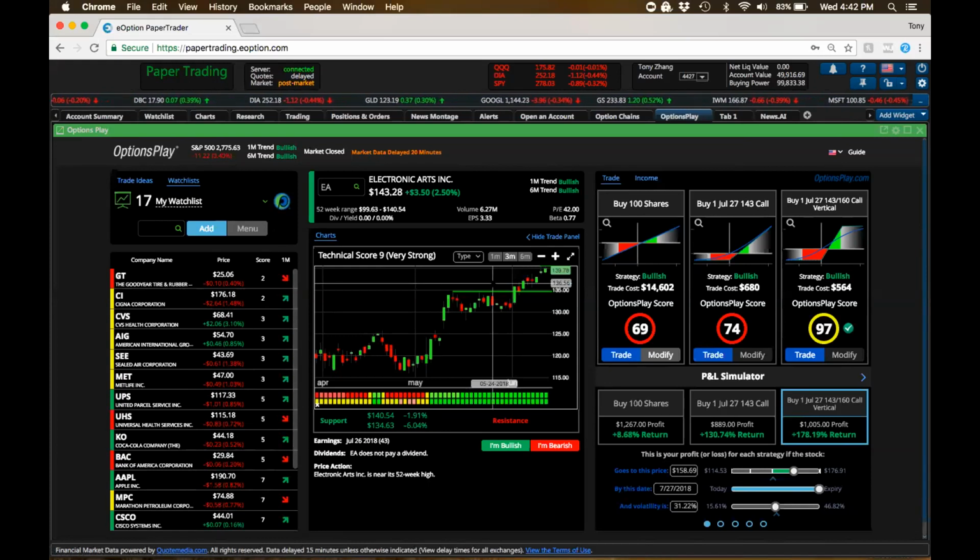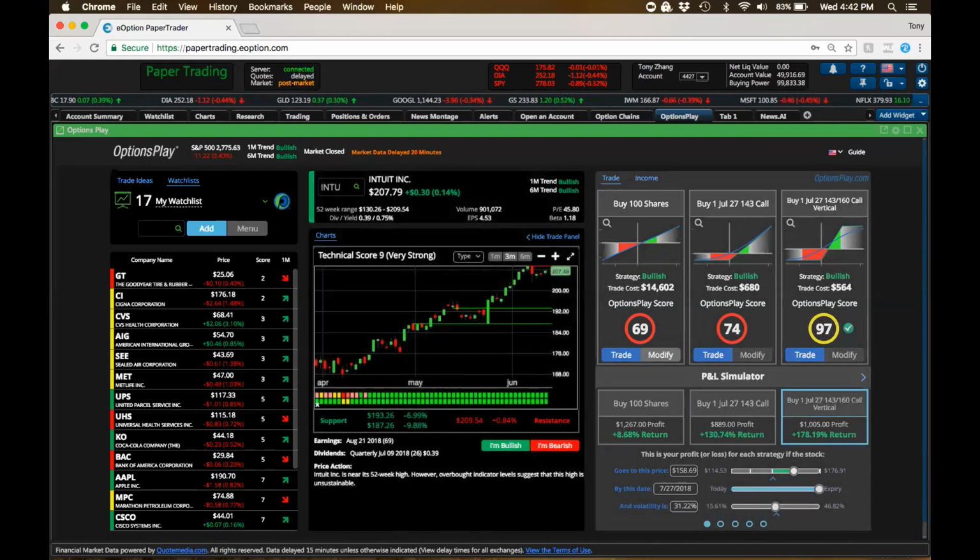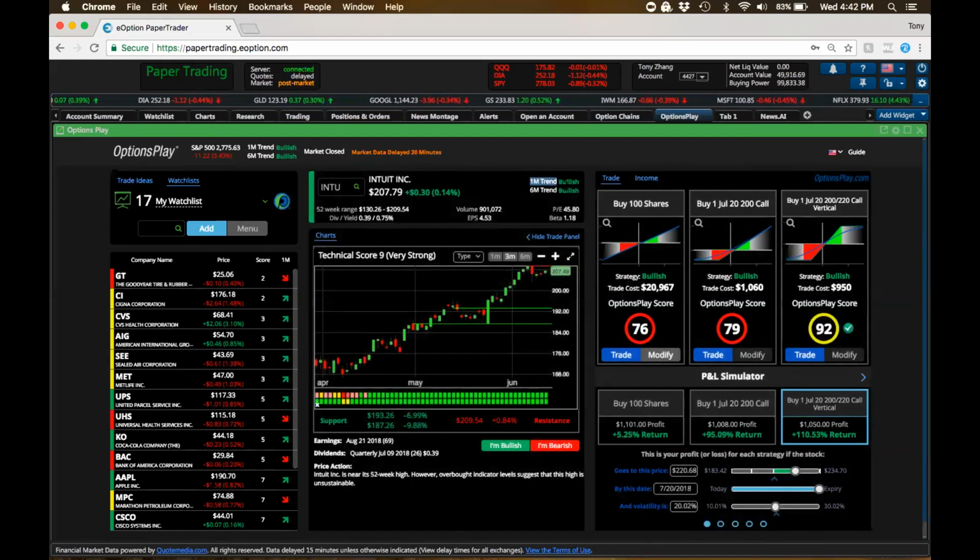The security analysis panel here in the middle is designed to provide a quick snapshot of what's currently going on with the stock. We provide trend analysis, so you can see not only the current 1 month and 6 month trend, but we also show it to you historically on the chart, so you can see how it changes over time.